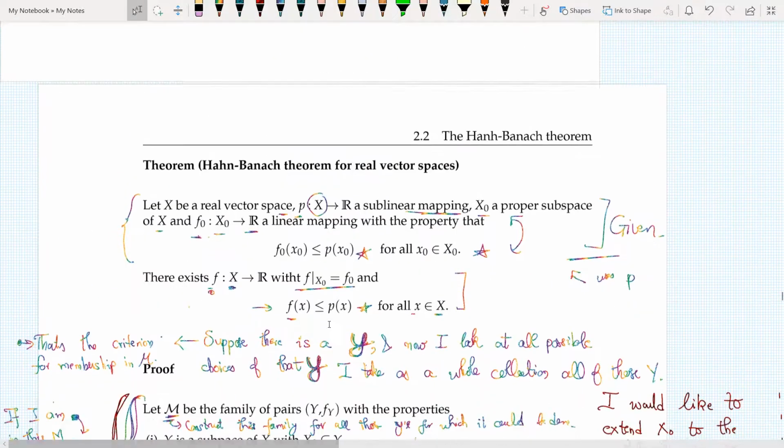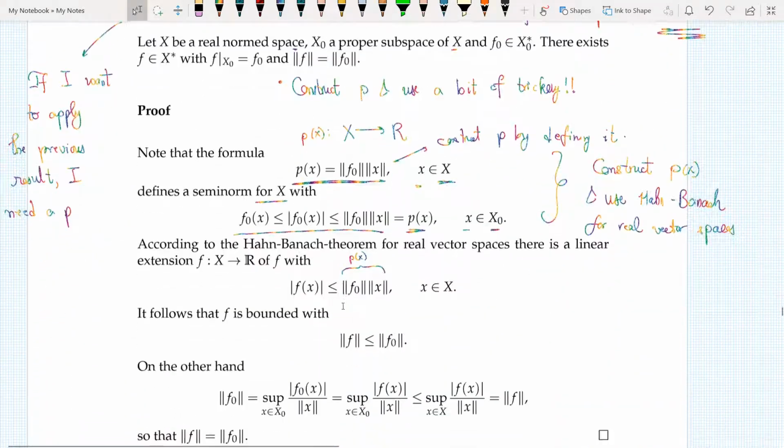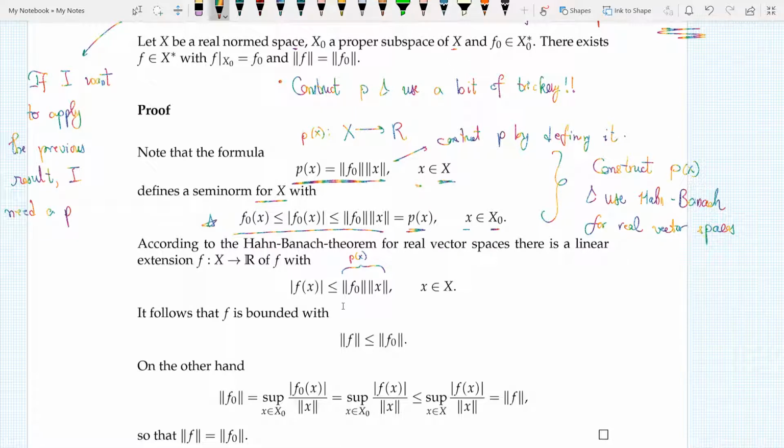So if we go to the proof of Hahn-Banach for norm spaces, once I have this condition, I can use Hahn-Banach to extend F0 to capital F, together with this property, which is nothing but P of X being greater than or equal to F of X for all X belonging to capital X. And now it follows that F is bounded with norm of F less than or equal to norm of F0.